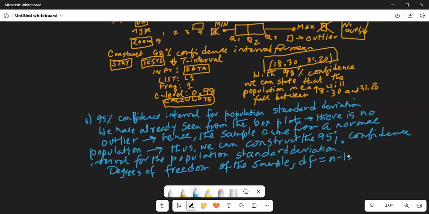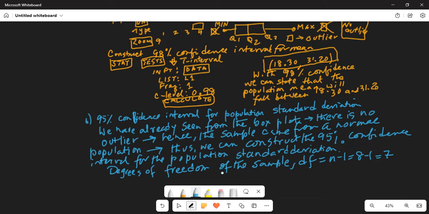My n was 8, 8 minus 1 is 7. This is important because that will help us identify correctly the critical values of chi-square, which we will need in constructing the 95% confidence interval for the population standard deviation.